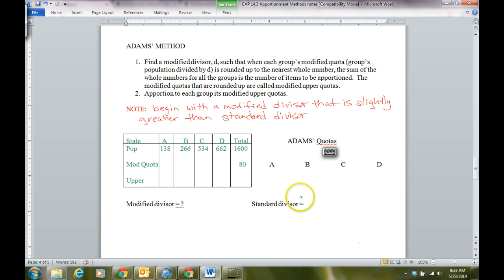Okay, so our standard divisor, continuing from the same example that we've been doing the last day, was 20. That's what we used yesterday. And it says we got to pick one that's slightly larger than that. So I like to keep to the 0.5 to start with. So I'm going to start with a modified divisor of around 20.5 and see if that works for us.